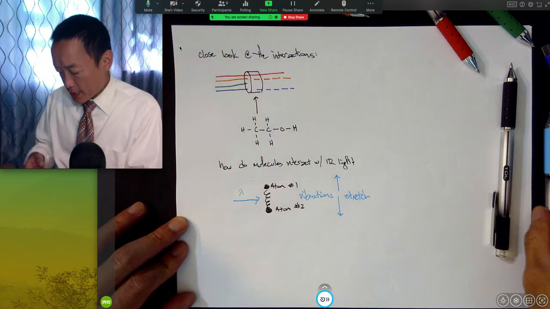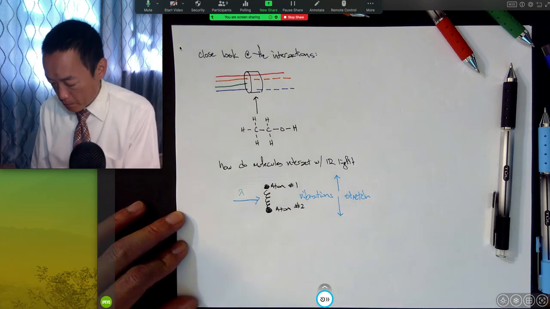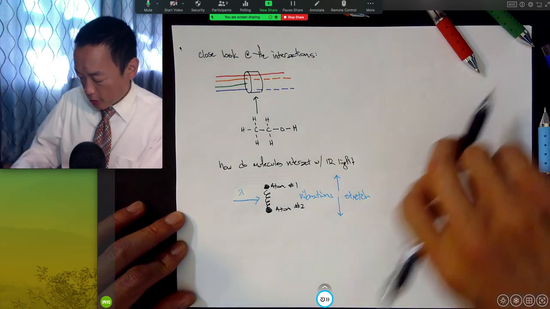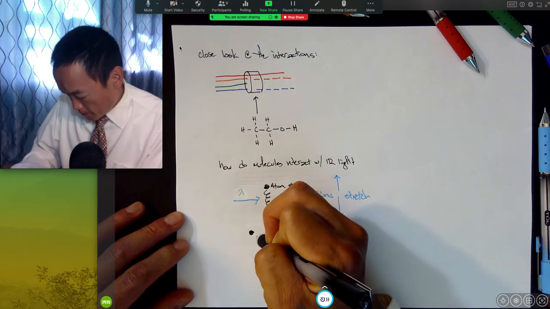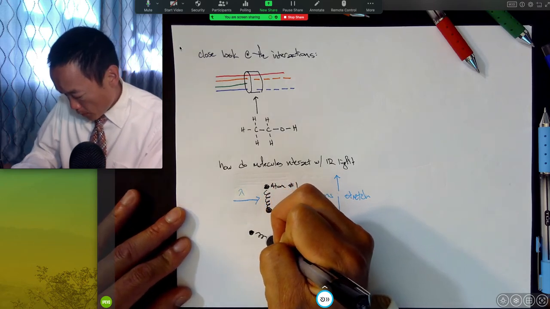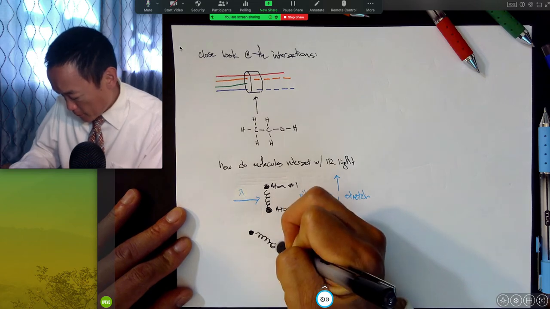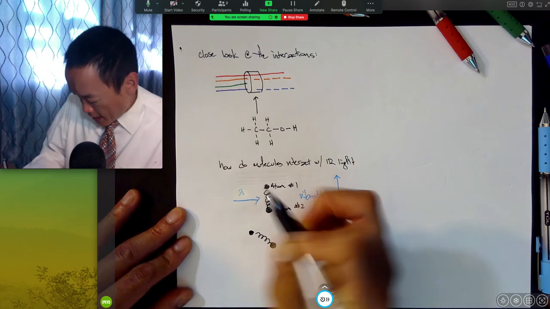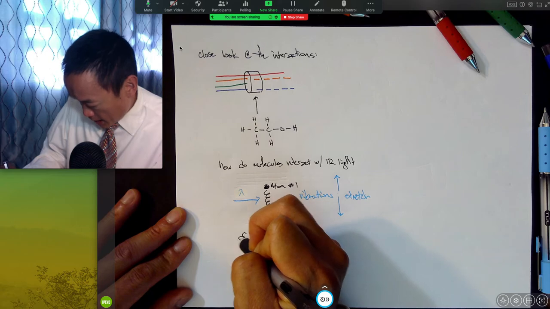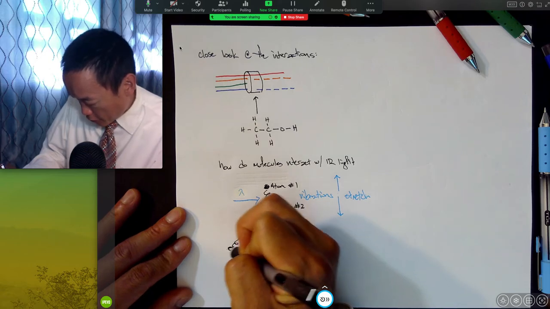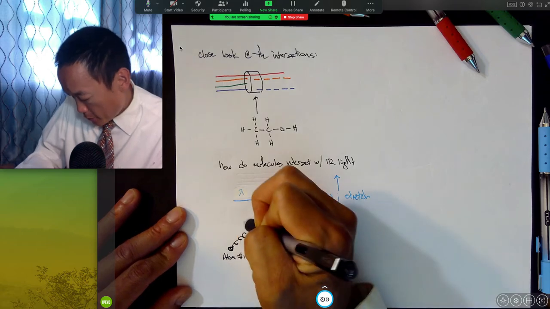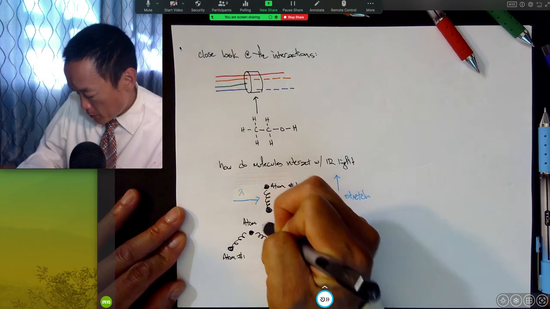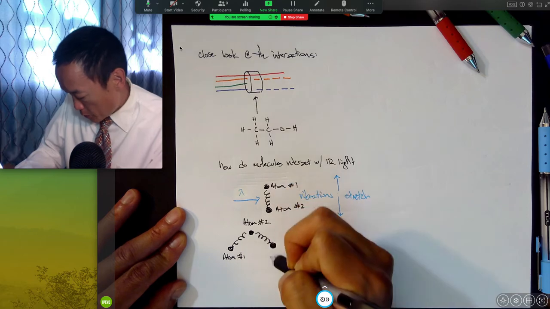Well, if that's the case, then when we start to look at this molecule, let's take a look at a slightly more developed way of looking at the interactions and bonds in a molecule. So we'd be saying atom number 1, atom number 2, and atom number 3.